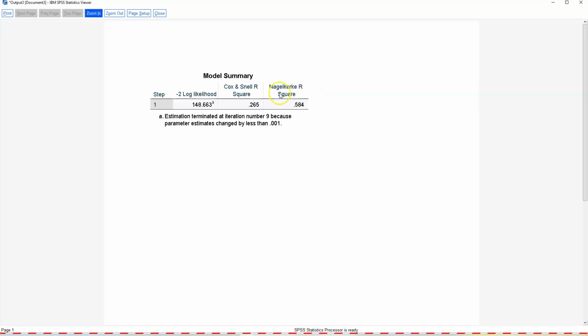Although it suits us, it would give us some semblance that about 58.4% of the independent variables are influencing the outcome variables. Okay, that's how we would word that.